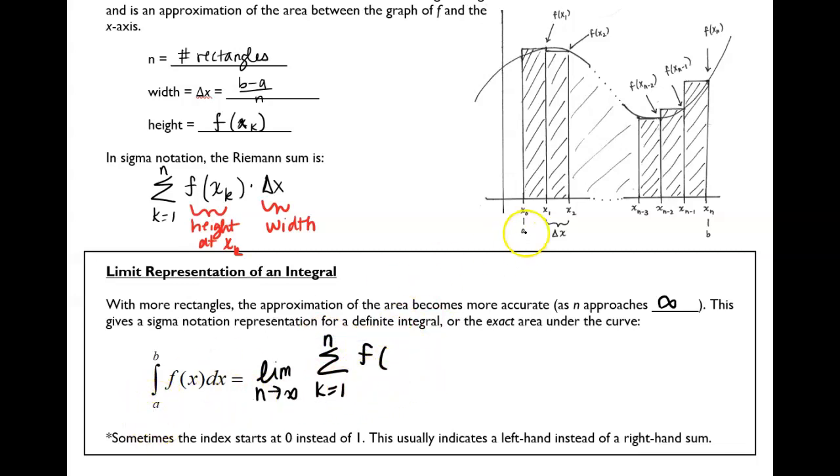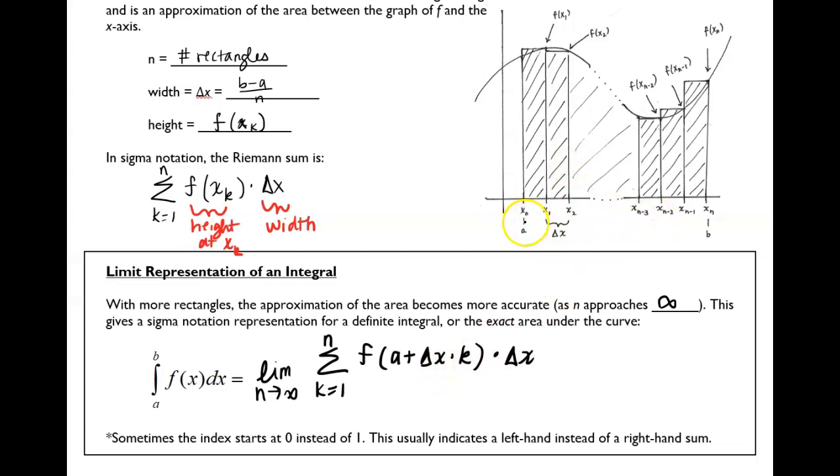This is a little bit different than up here, just because of the way I have it written. A plus delta x times k, some number of delta x's, and then times my delta x. So f of a plus delta x times k, that's what generates these.